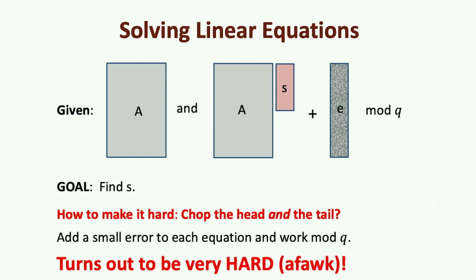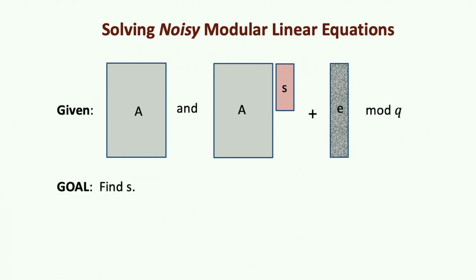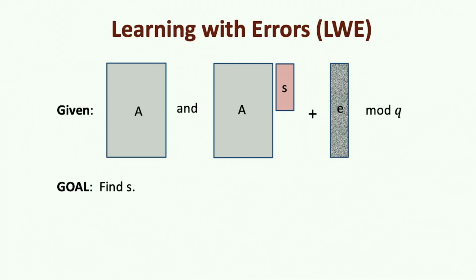So, as far as we know, this seems computationally hard. And that is our protagonist. That is the learning with errors problem: solving noisy modular linear equations, also called learning with errors. Is it clear what it is?